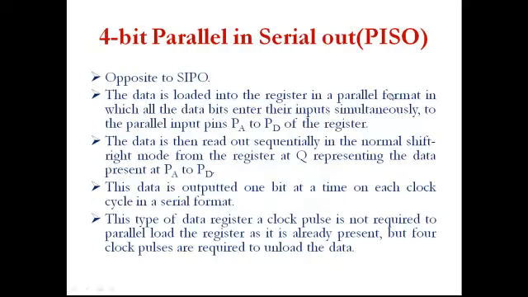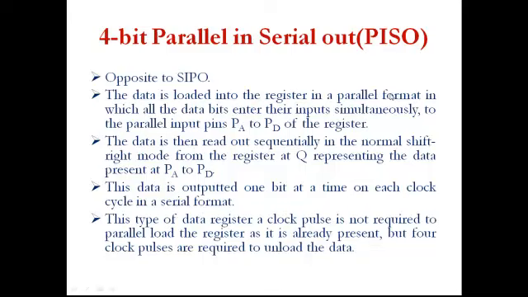The data is loaded into the register in a parallel format in which all the data bits enter their input simultaneously to parallel input pins PA, PB, PC and PD of the register. Okay. The data is then read out sequentially in the normal shift register mode, shift right mode, from the register at Q representing the data present at PA to PD. This data is output one bit at a time on each clock pulse cycle in serial format only.